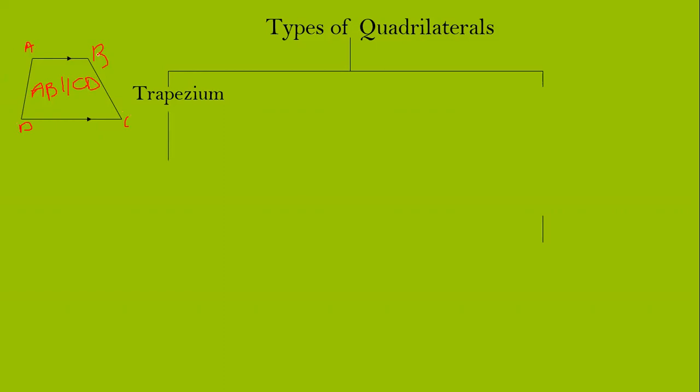Now a trapezium can also be an isosceles trapezium. If I mark it A, B, C, D, AB is parallel to CD.